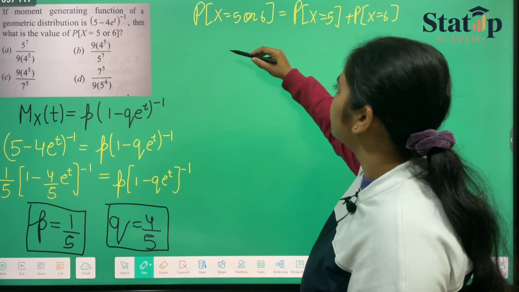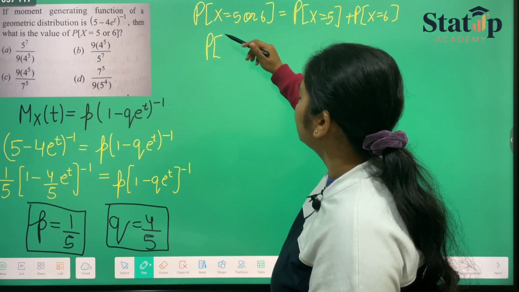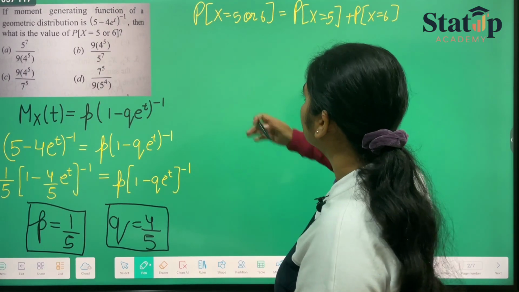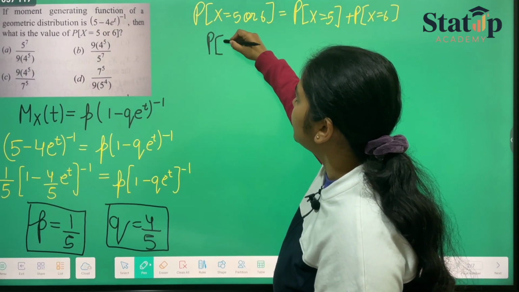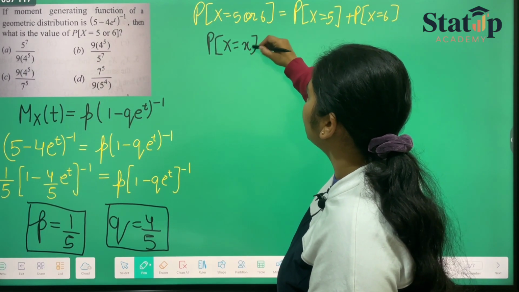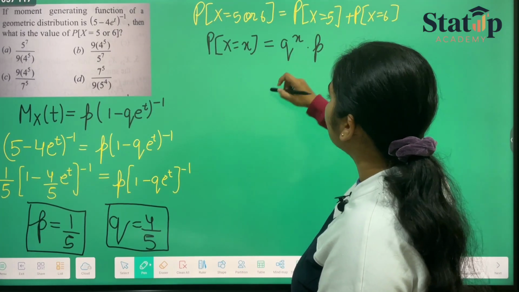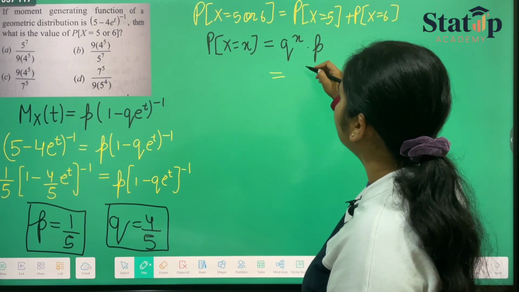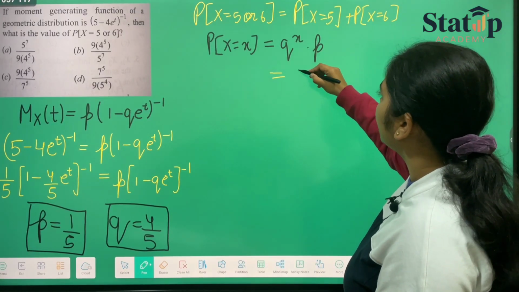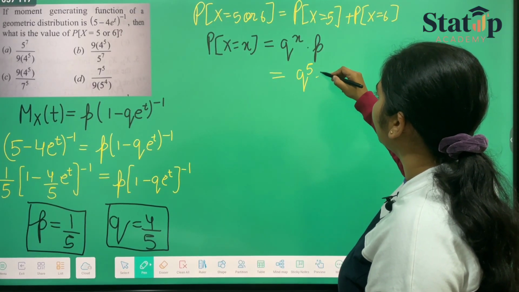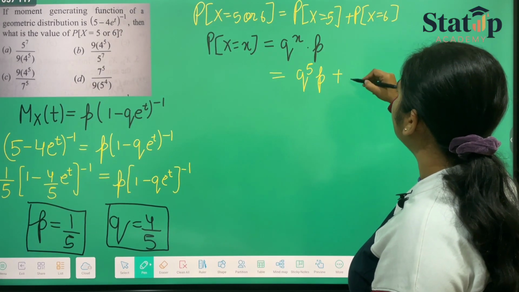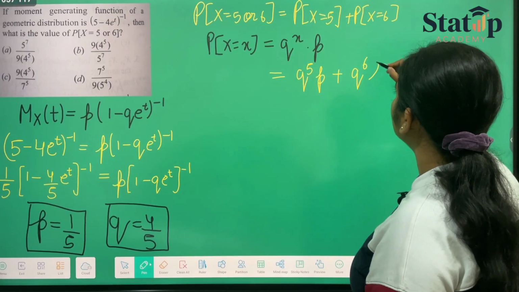Now in geometric distribution, probability x equals x is nothing but q raised to the power x into p. If we open this, probability x equals 5 will be q raised to the power 5 into p, plus q raised to the power 6 into p.